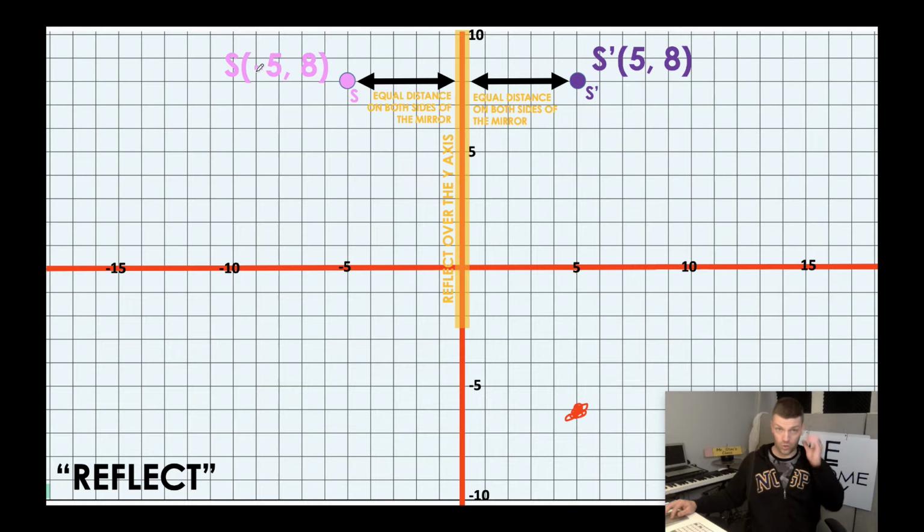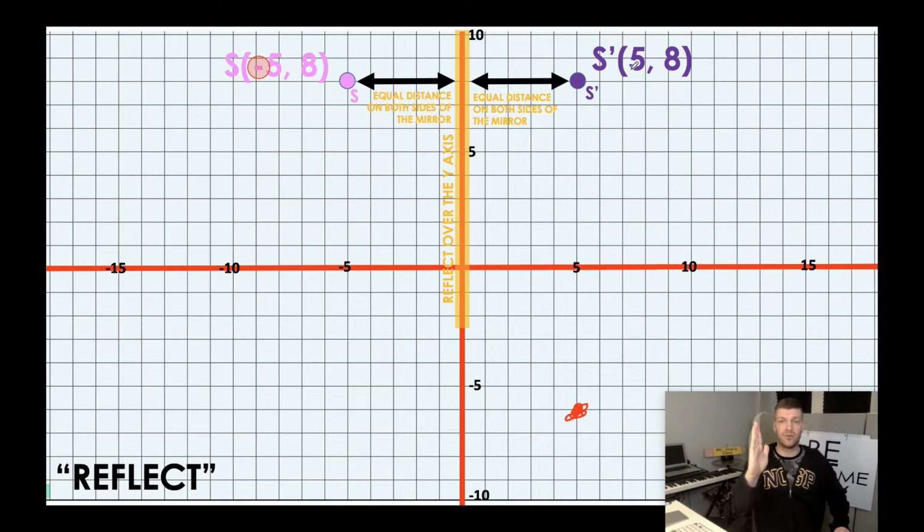Over here, its original image is -5, +8. The big difference here is that negative sign. So notice the 8 is the same, and the 5 is just turned from -5 to +5. That's all reflecting is.